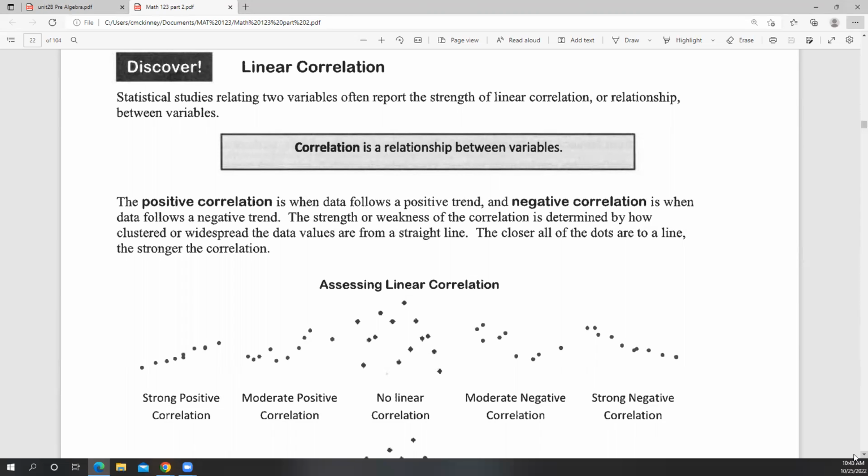So you see some examples here: strong positive correlation, moderate positive correlation. The middle one, no correlation, like someone just shot at it with a shotgun. It's just spread out all over the place, random. And then moderate negative correlation. So again, from left to right as it's going down. And then a stronger negative correlation where it is nearly linear.